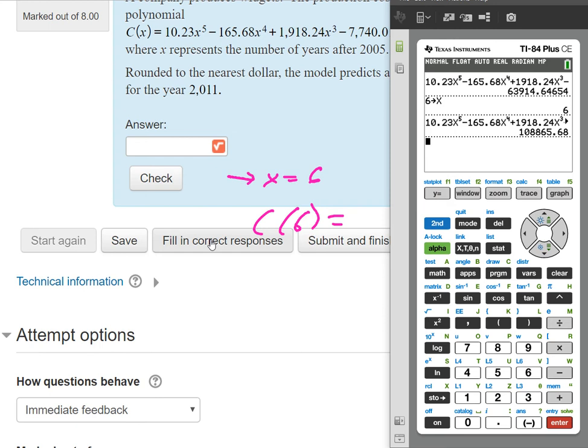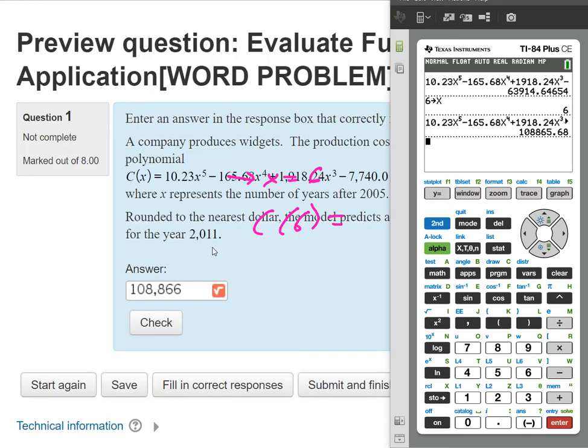If I fill in the correct response, rounded to the nearest dollar, I would round that up, wouldn't I? So there's the answer, 108,866, which is what we get from the calculator. Radians and degrees don't make any difference here. They would only matter if you were doing trig functions like sines and cosines.